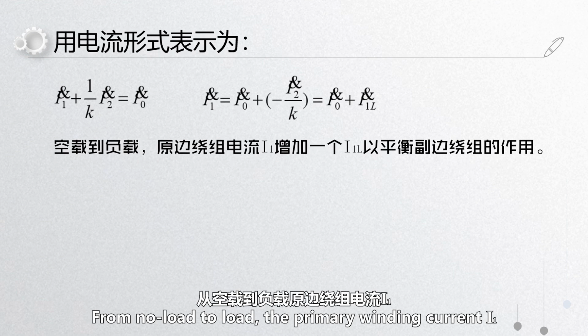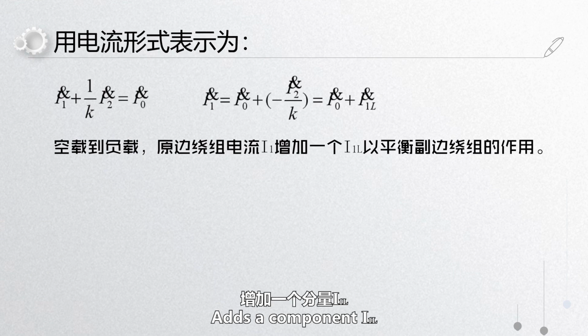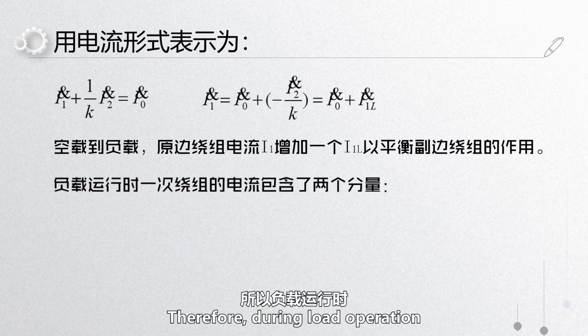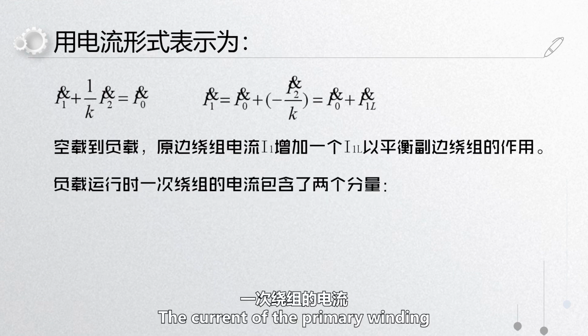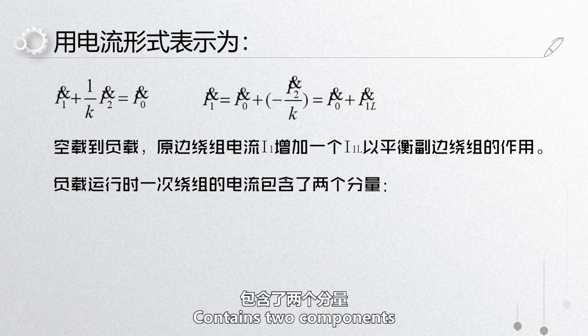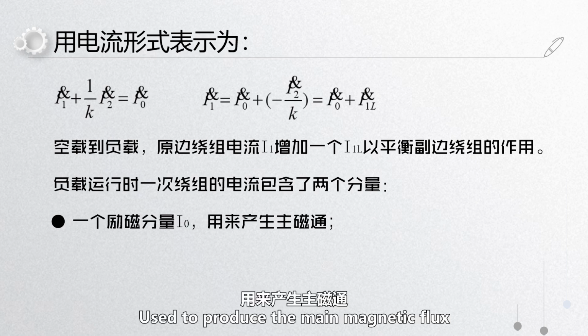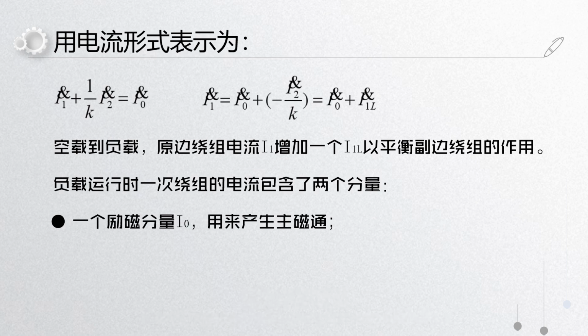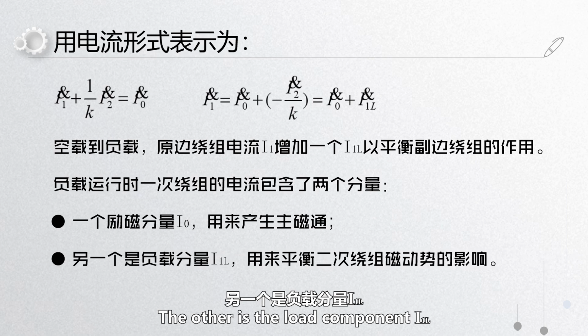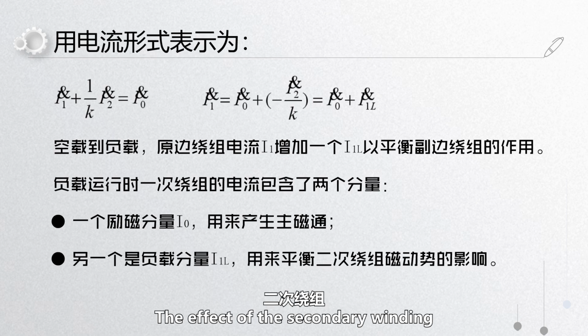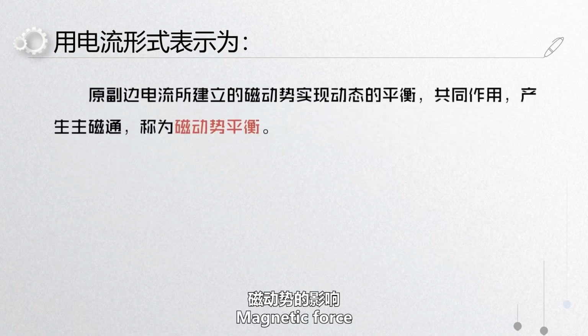From no-load to load, the primary winding current I1 has a component I1L to balance the effect of the secondary winding. Therefore, during load operation, the current of the primary winding contains two components. One is the excitation component I0, used to produce the main magnetic flux. The other is the load component I1L, used to balance the effect of the secondary winding magnetic force.